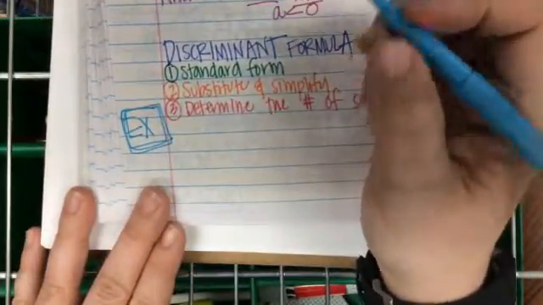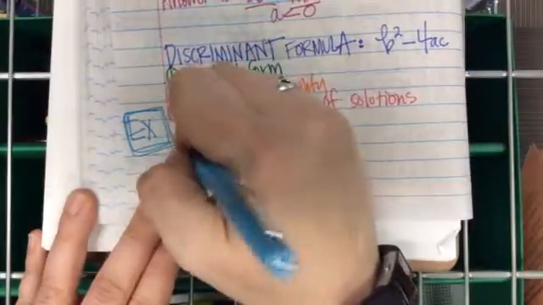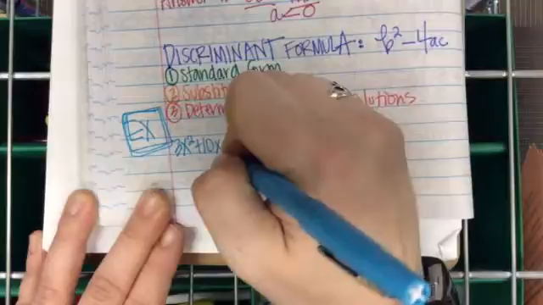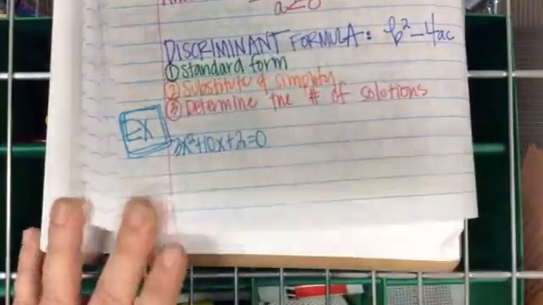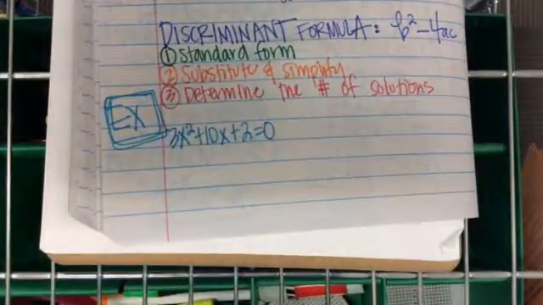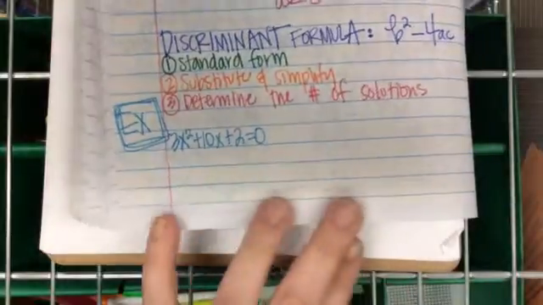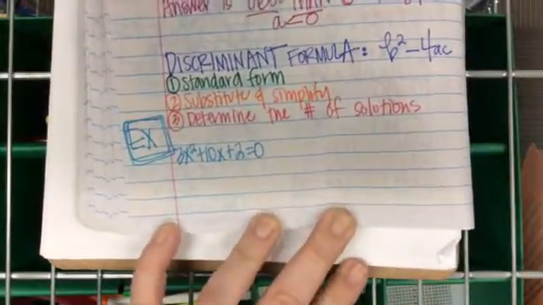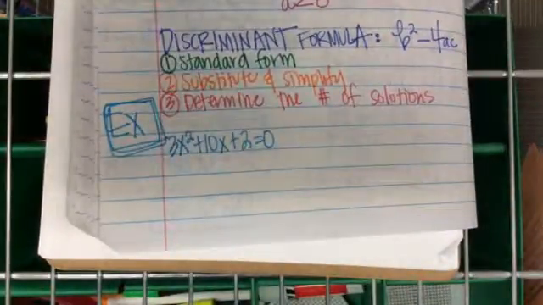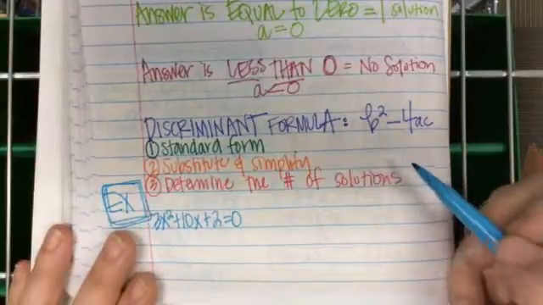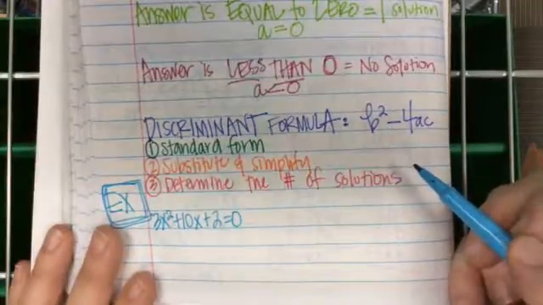All right, ready? 3x squared plus 10x plus 2 equals 0. Step 1, is it in standard form? So we're good to go. Step 2, substitute and simplify. Meaning, instead of b squared minus 4ac, which is the discriminant, I'm going to substitute in.